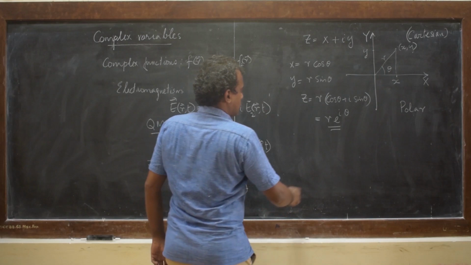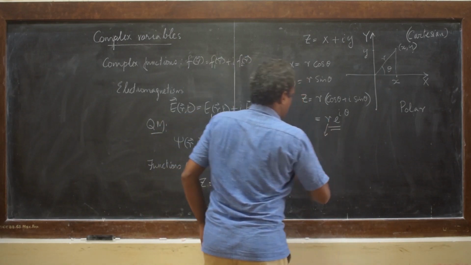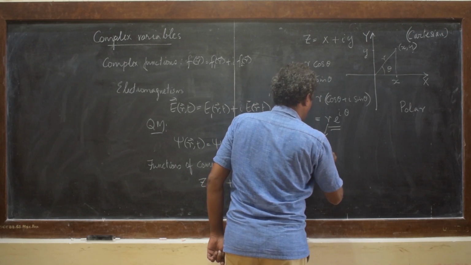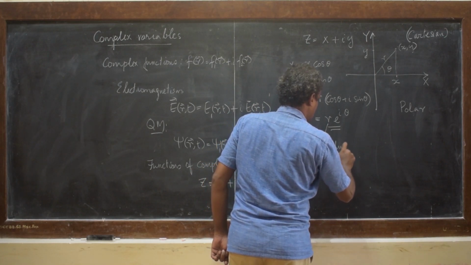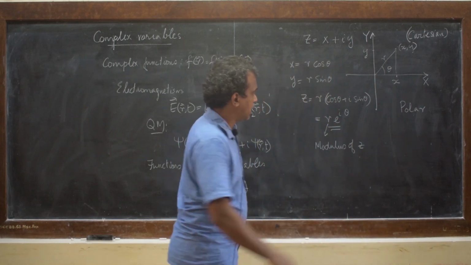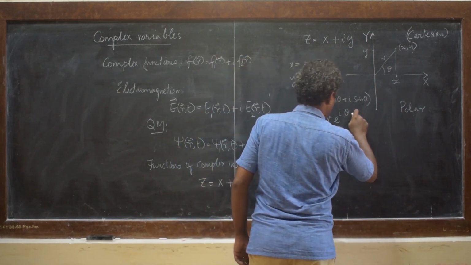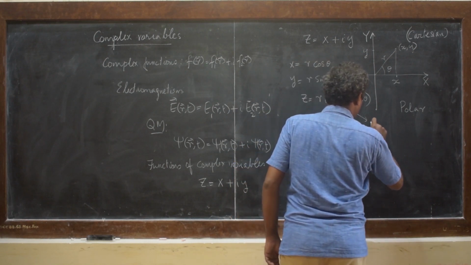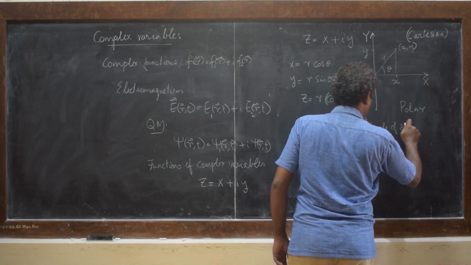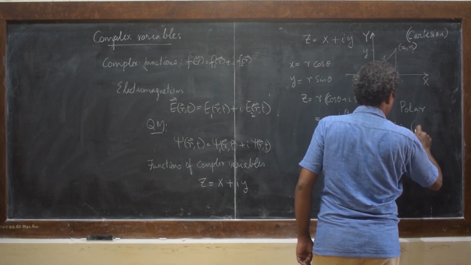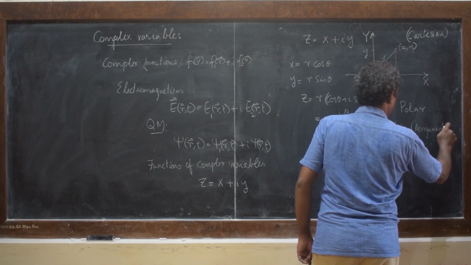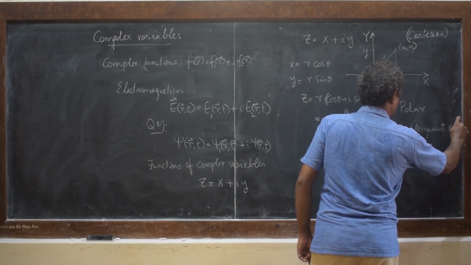This number r is often called the modulus of the complex number z, while theta is called the angle of z, or sometimes also called the argument of z.